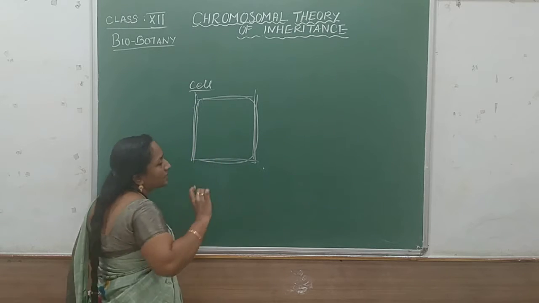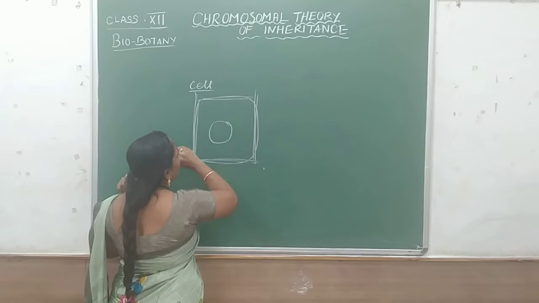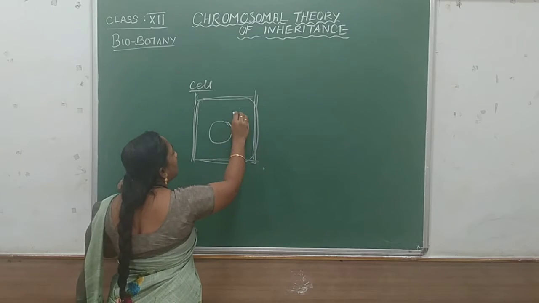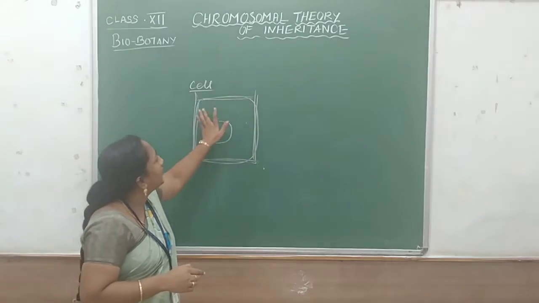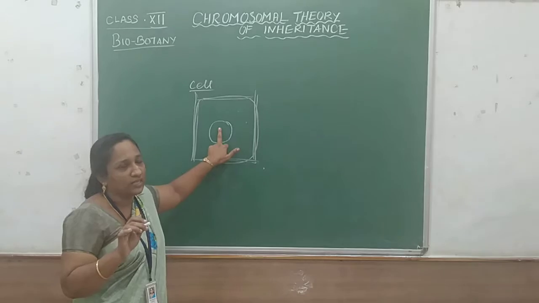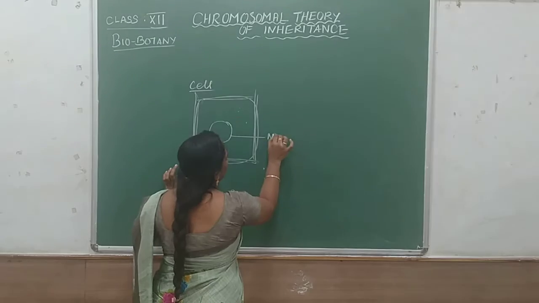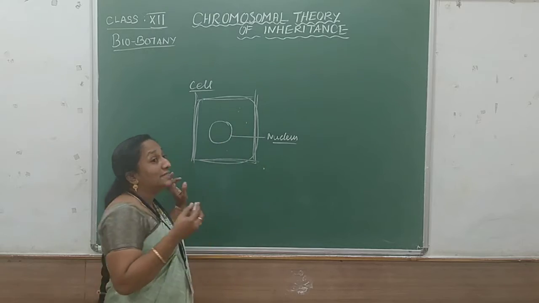Inside the cell there is the nucleus, along with cytoplasm, vacuoles, and many organelles occupying the cytoplasm. Today we are going to focus on the nucleus area. This nucleus has a lot of genetic material.